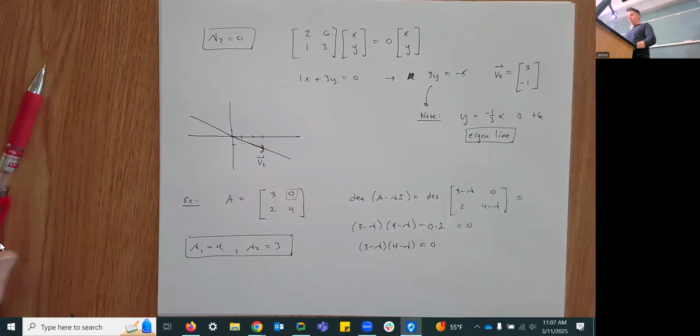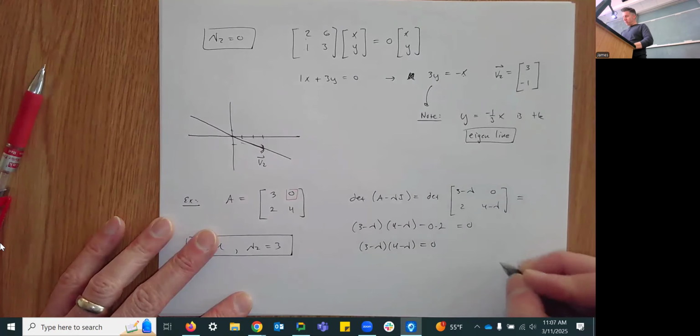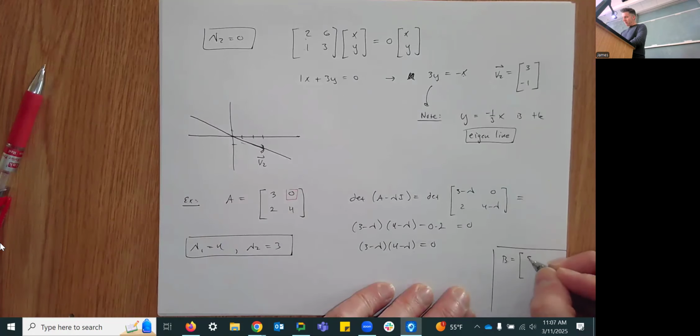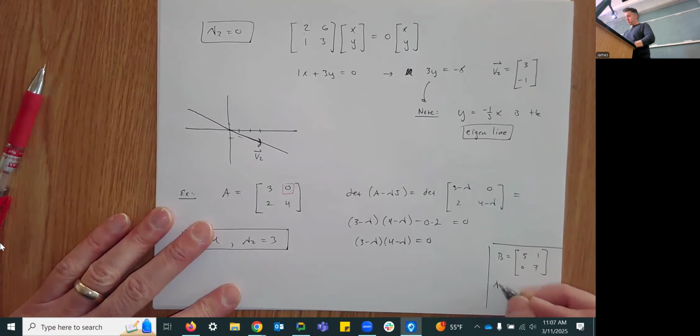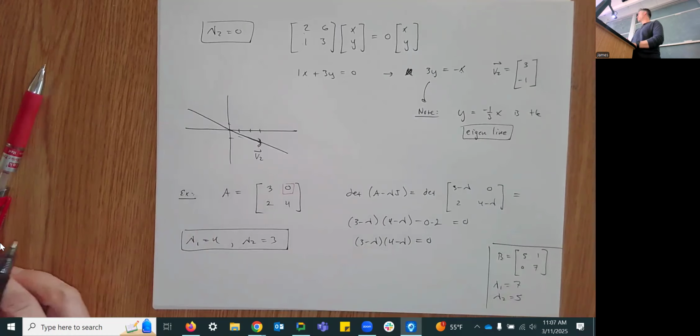So, for example, if I said your matrix was B equal to [5, 1; 0, 7], you can automatically tell me that the eigenvalues are 5 and 7. Always true, as long as you have all zeros below the diagonal or all zeros above the diagonal, or both.